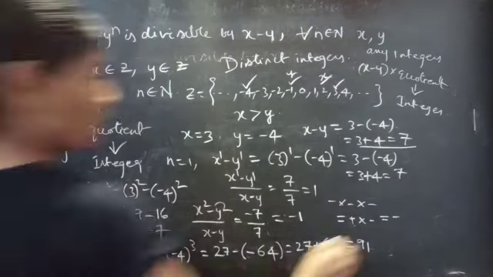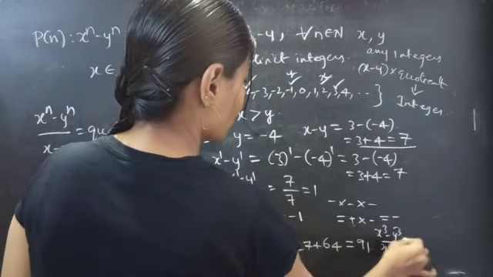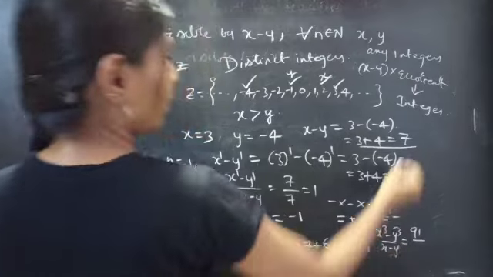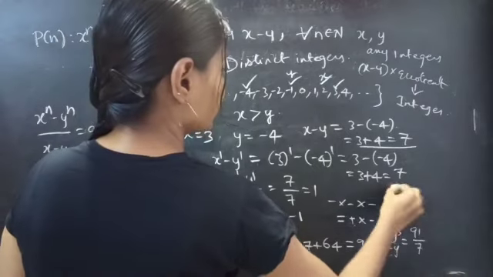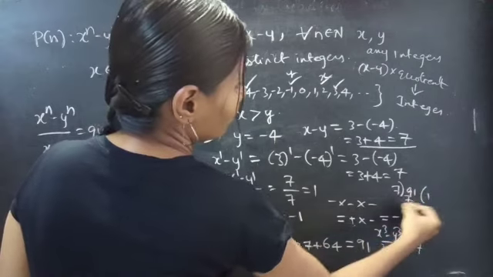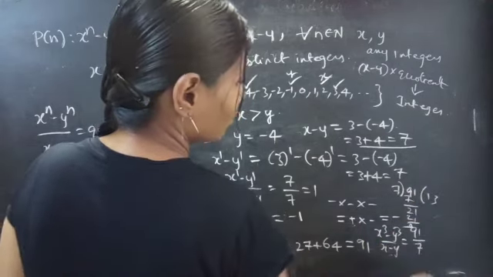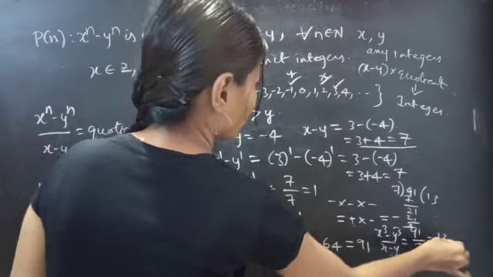Then (x cube minus y cube) by (x minus y) is 91 by 7, which equals 13.